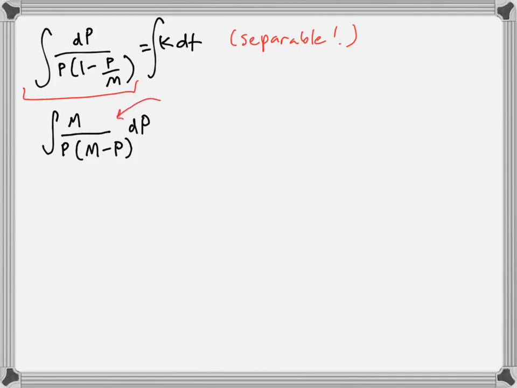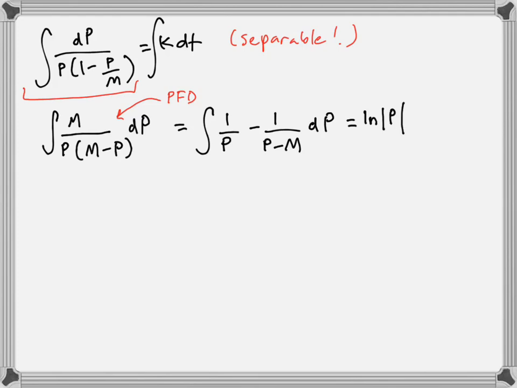I can tell you, though, that by partial fraction decomposition, this is actually equal to the integral of 1 over P minus 1 over (P minus M). What is this equal to? This is equal to the natural log of P minus the natural log of (P minus M).